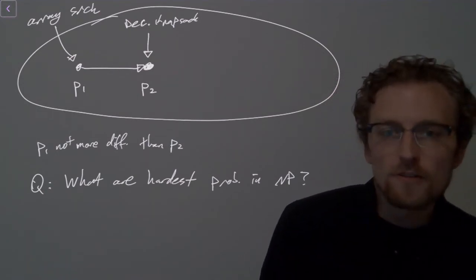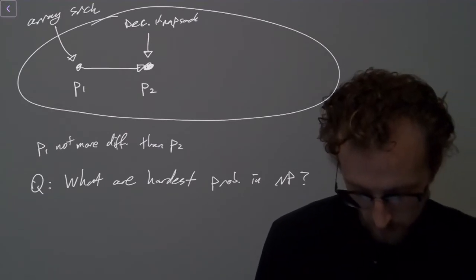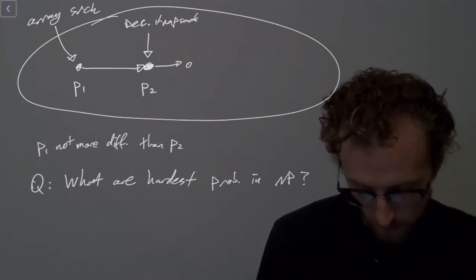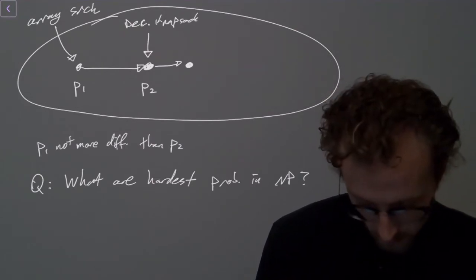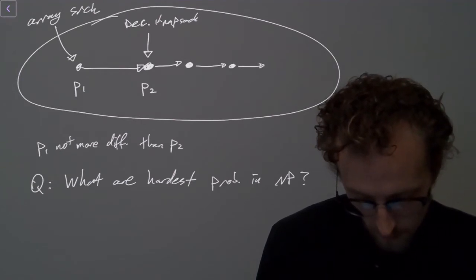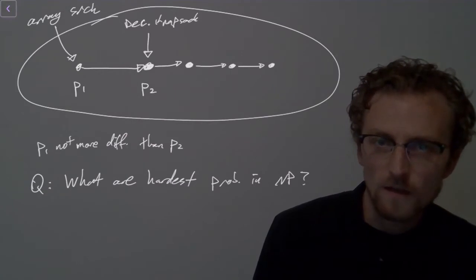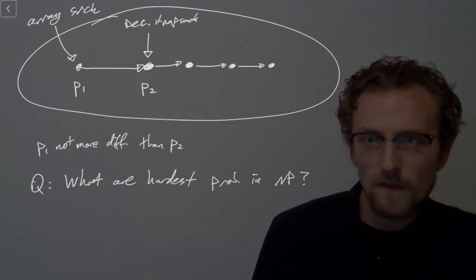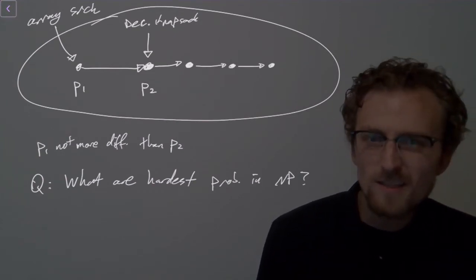And you might imagine that there is a polynomial time reduction from P2 to something else. So there's more polynomial reductions here, and then you might imagine that this could continue on and on and on. So the question is, using this notion of computational hardness that's run by this problem reduction notion, where does this sequence end?